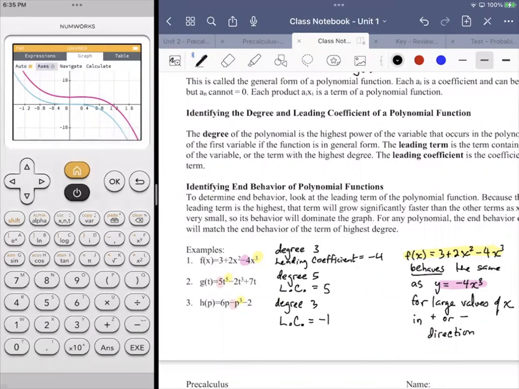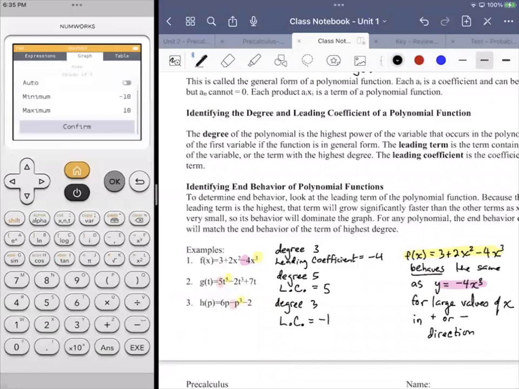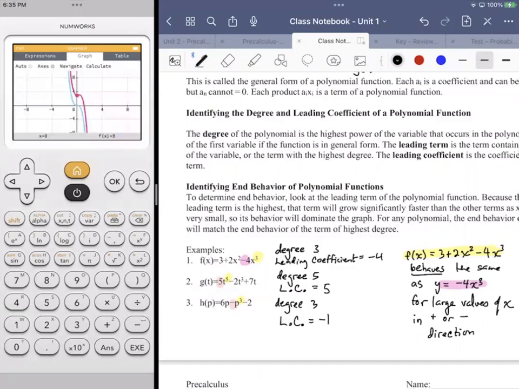I'm going to change my axes and just go an ordinary negative 10 to 10. All right, so these are what the two graphs look like under a restriction of negative 10 to 10.